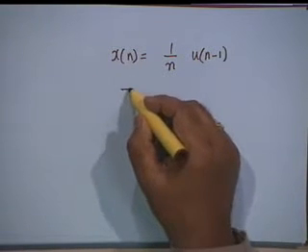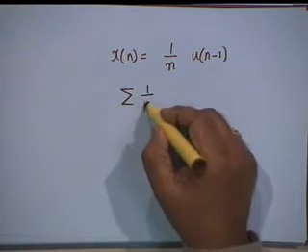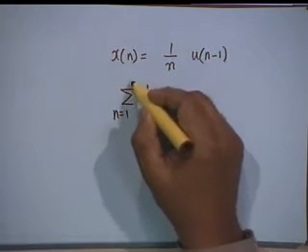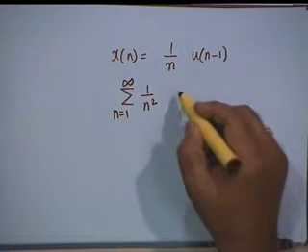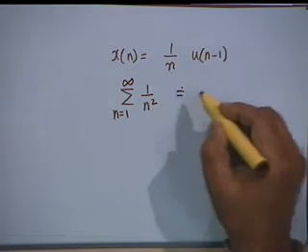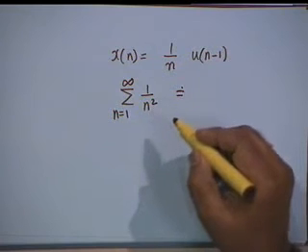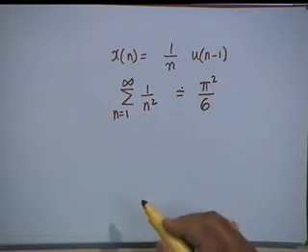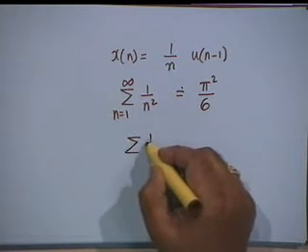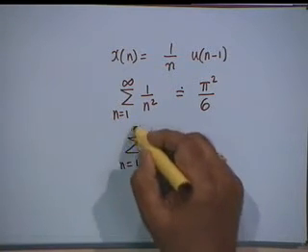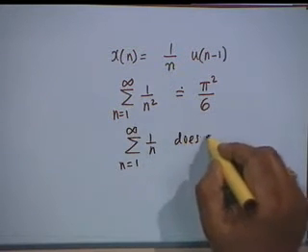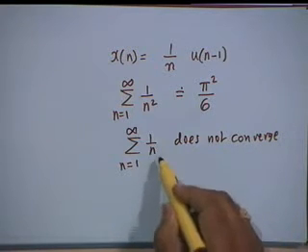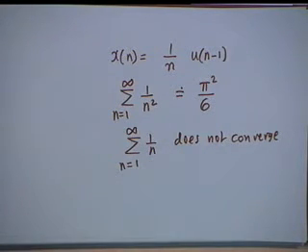Now, it can be shown that the summation of 1 by n squared, n equal to 1 to infinity, converges, that is pi squared by 6, that is the value. But the summation of 1 by n, n equal to 1 to infinity, does not converge. Now, obviously, this sequence is absolutely summable.